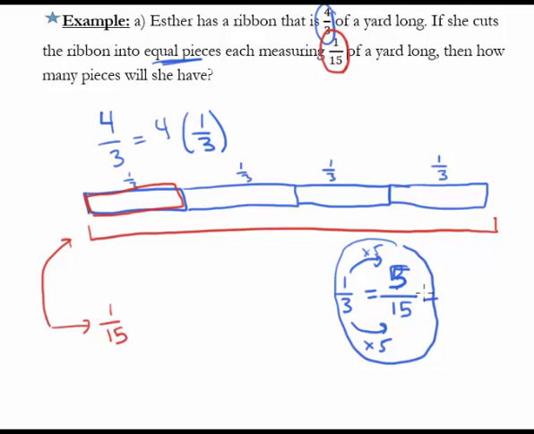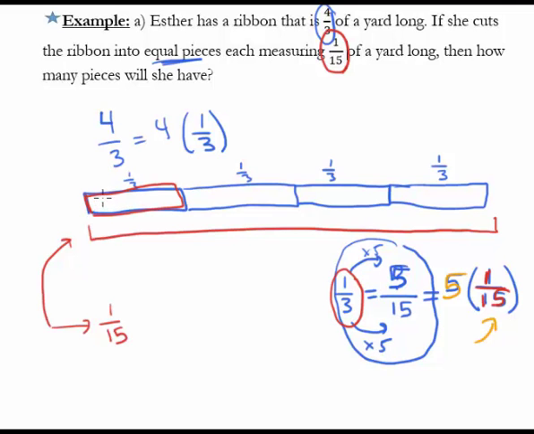That means you can fit 5 of these things that are 15ths into 1/3. Okay? Let's do it.